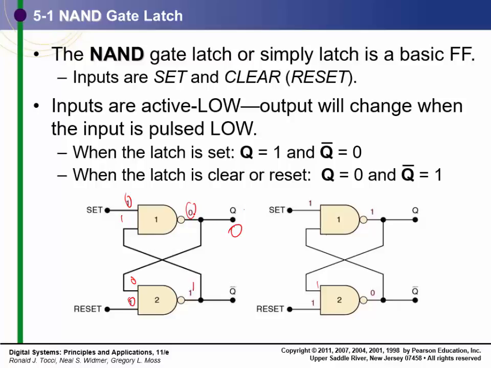If we assume that this is a 1 and this is a 0, the opposite occurs. This is a 1, this is a 0 coming in, that's going to keep that 1 there. This is a 1, that's going to put a 1 there, this is a 1, that's going to keep this 0 here. So it keeps the state. As long as S is 1 and R is a 1, as long as they're both 1, the output will not change, whatever it is.